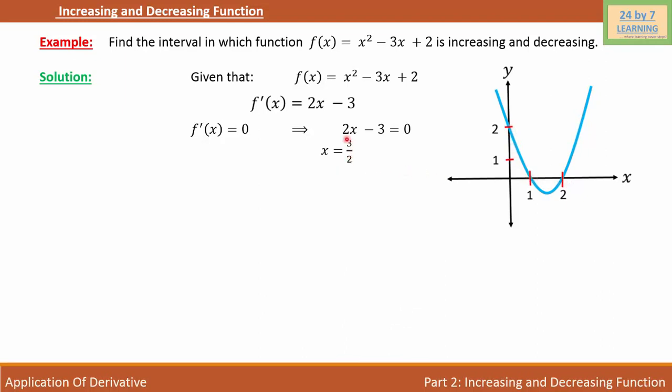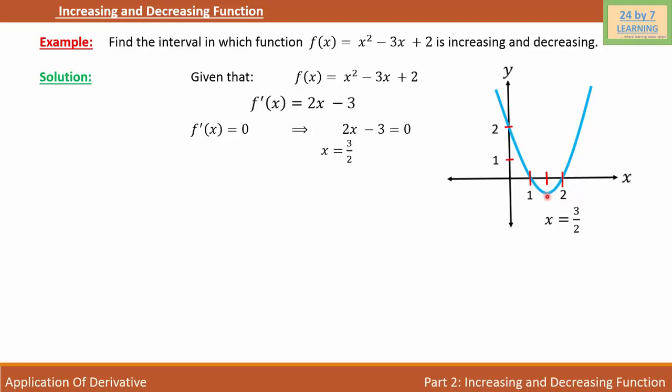And x = 3/2 is the turning point, where the function is changing its nature. So technically, this point x = 3/2 divides the parabola into two different parts.